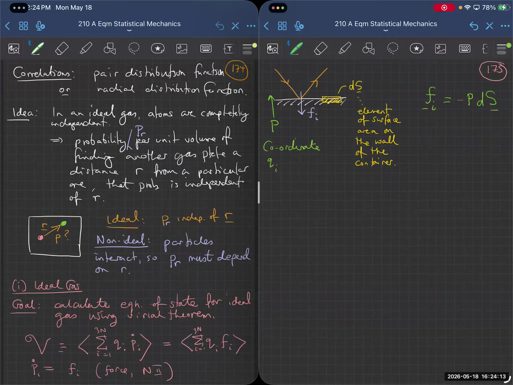qi is a component, either x, y, or z, of the position of the particle ri. So just to make sure everybody understands, in this notation here, i represents the particle label, not the number of particles.